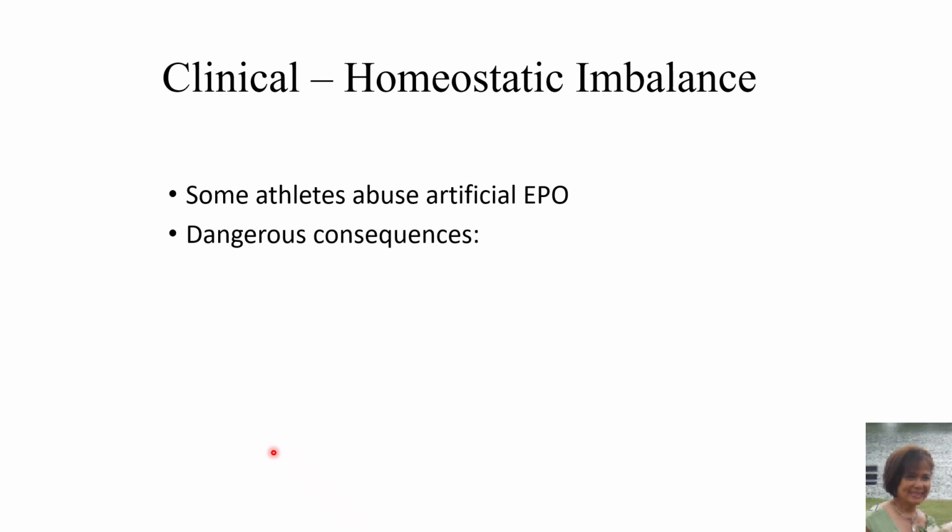And athletes are always like that. So what athletes would want is to have a continuous source of oxygen. And the only way to do that will be to increase their red blood cells' ability to bring in more oxygen.